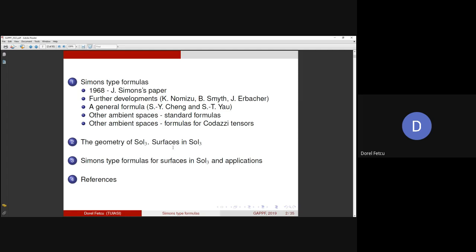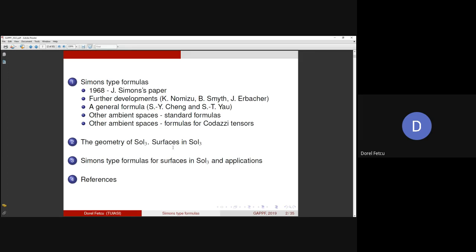Then I will say a few things about the geometry of the solve space, and I'll also recall some important results on surfaces in this space, especially on closed surfaces, closed CMC surfaces, but not only that, also about totally umbilical surfaces and constant angle ones.